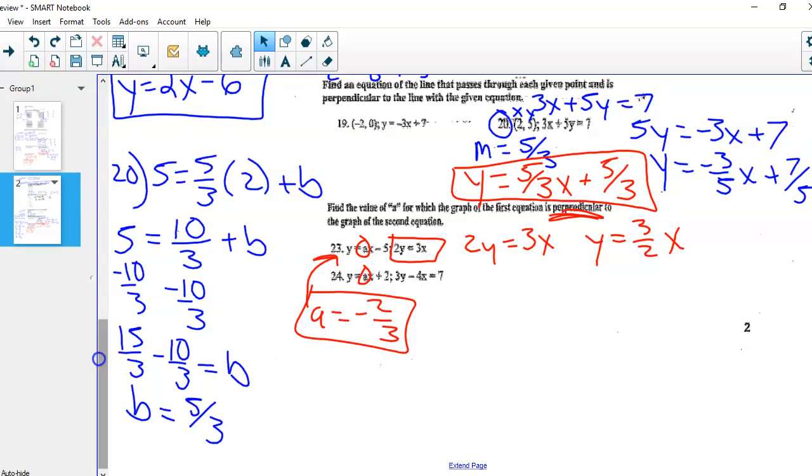If you would like extra practice on the parallel and perpendicular lines, there are extra practice sheets up here. But work on the review first, and then you may grab extra practice or work on Khan Academy.